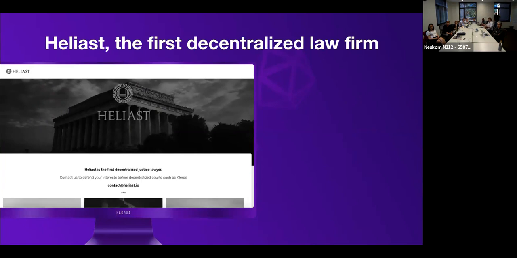So imagine I start checking each token that is submitted, and if I think it doesn't comply with the rules, I challenge it. Then this goes to dispute resolution, and I make the case that this token does not comply. If I win, I get the money from the depositor, and it's a couple of thousand dollars. So there are people already making money by doing due diligence on the tokens that were submitted.